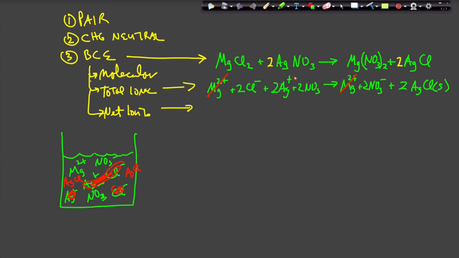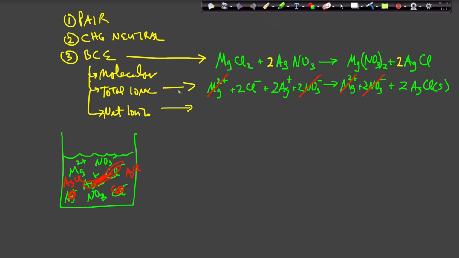The same with silver. Here, silver is an ion, and here it is part of a compound. And finally, the nitrate I'm going to cross off because it is exactly the same on both sides of the equation. It's a free-floating ion here and a free-floating ion here.